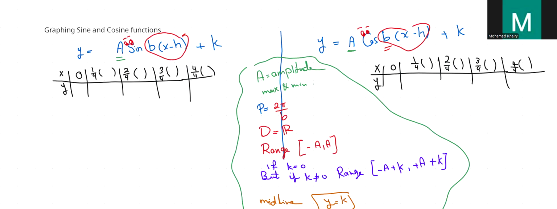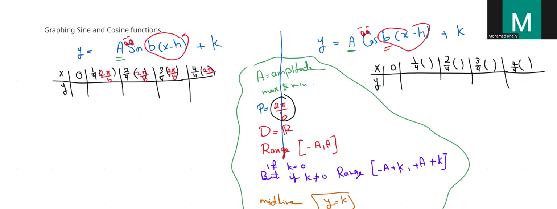Whatever you've got for the period, you are only going to write it there. So 2 pi over b. Then simplify directly after you finalize your answer, just to write it in a simple way.